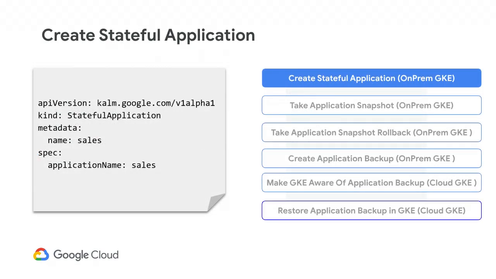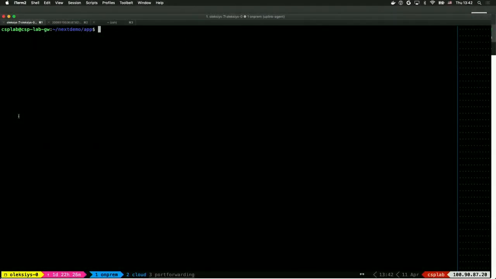OK, with that, we can switch to the console. So now I'm in the console on-prem, which you can tell by this little blue arrow at the bottom.